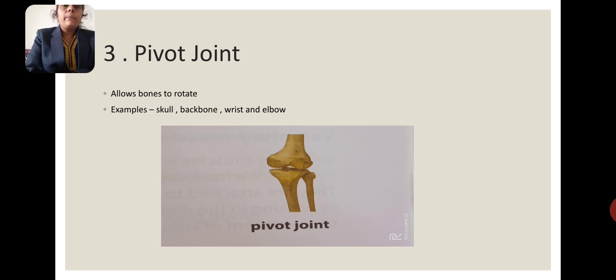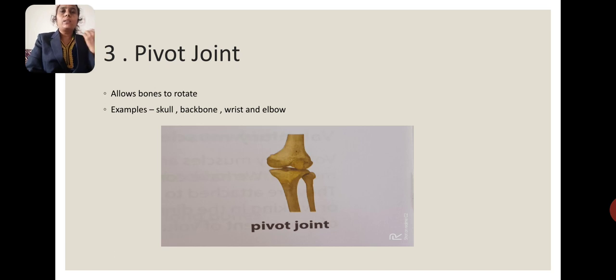Next is the pivot joint. It allows bones to rotate. In the previous two, we discussed one direction movement and maximum movement. But in the pivot joint, rotation of the bones is possible. We can rotate our bones, or twist, we can say, right? Examples are the skull.